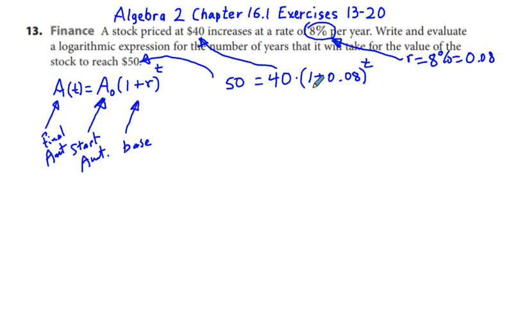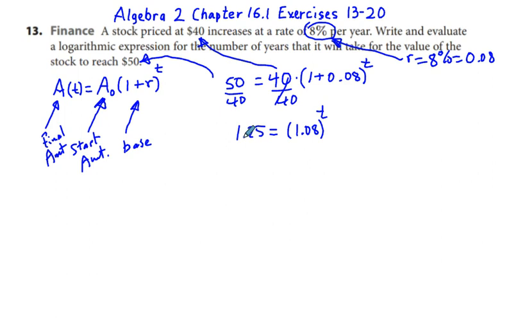And to do that, we're going to first divide by 40 on both sides of the equation. So we get 1.25 is equal to 1.08 to the power of t.